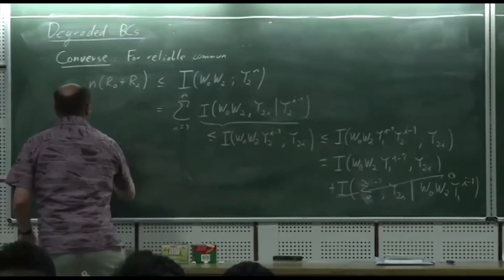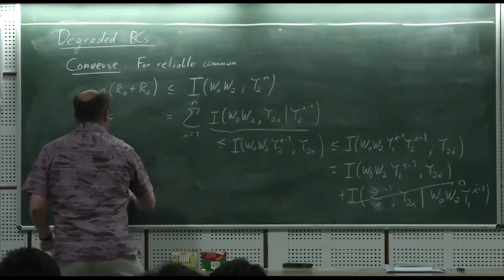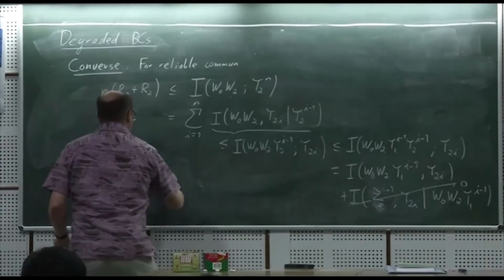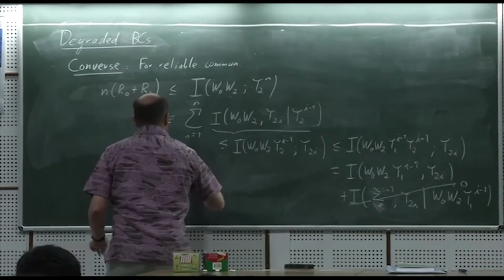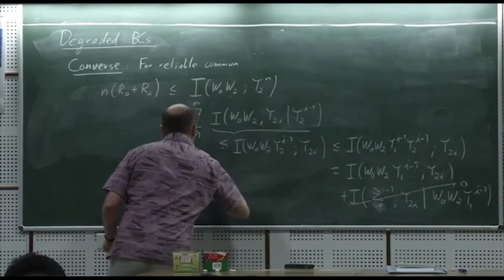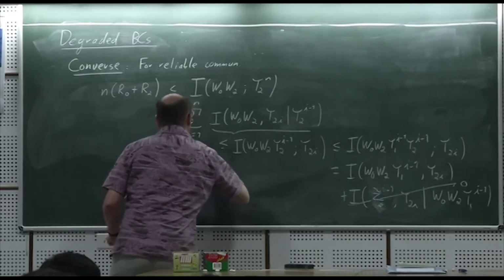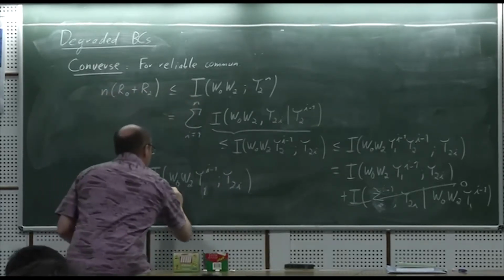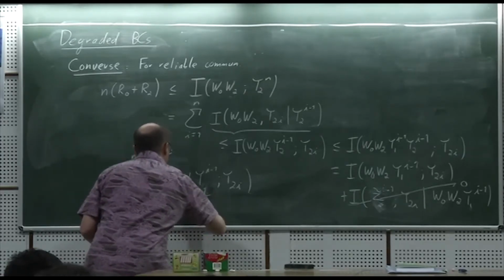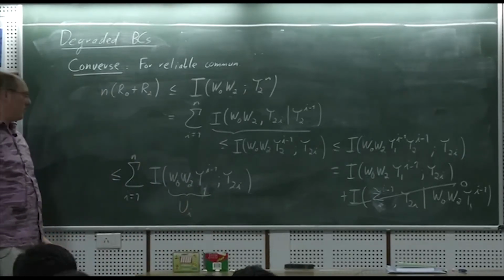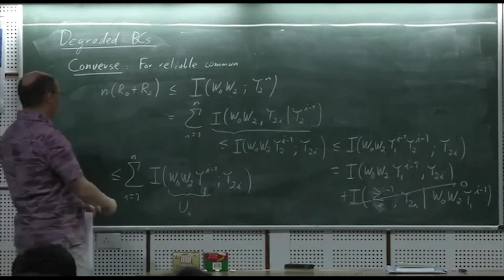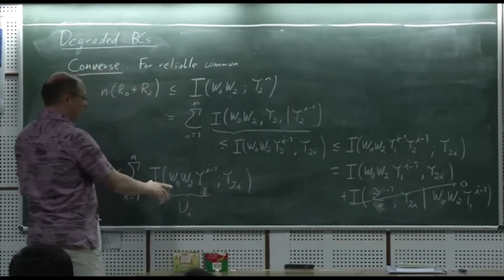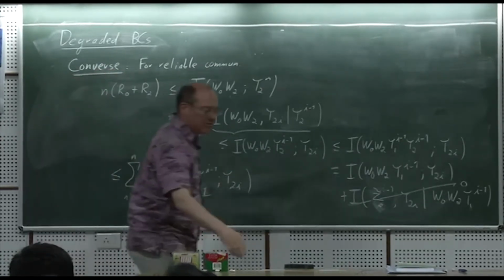So what we have now is the following bound in general for stochastically degraded broadcast channels. y1i minus 1. And this, we'll give this a name. This is going to be my ui. Okay, that's like my u. Now, continuing this, I can add a time sharing random variable, so let me do that.